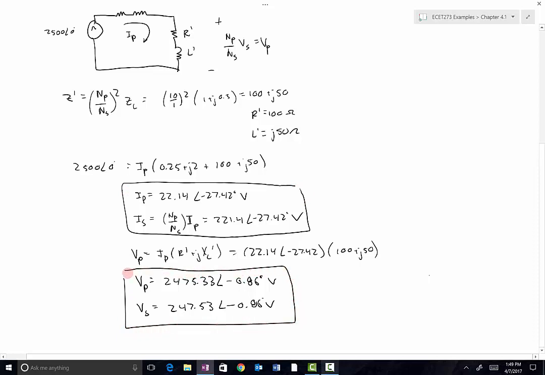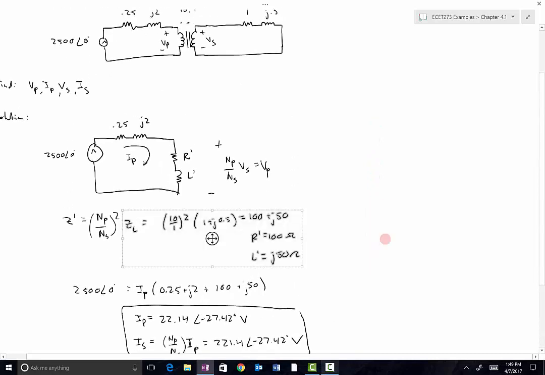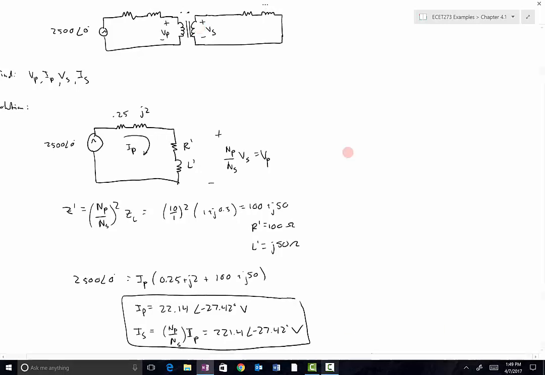This technique of referring the quantities on the secondary side to the primary through the turns ratio of the transformer is very commonly used. It's the most common method of circuit analysis using transformers. And you can see there's really just two things you have to remember. You have to remember that VP over VS is equal to NP over NS, which is equal to IS over IP.